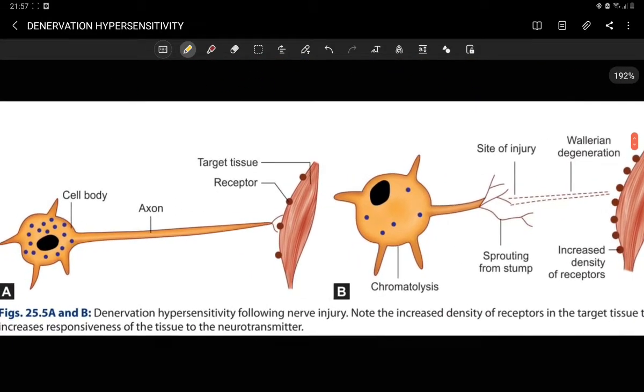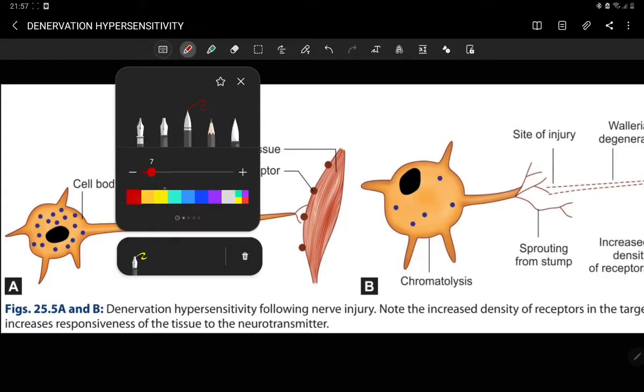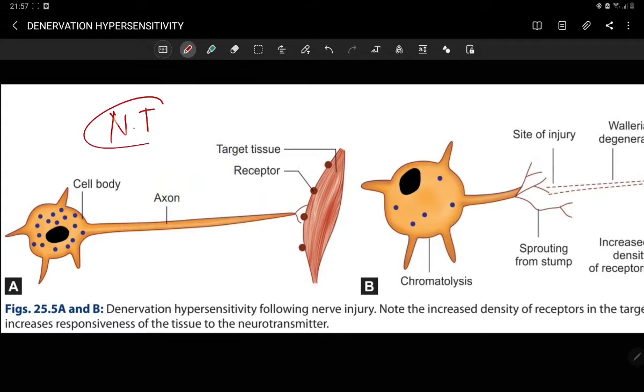Let's appreciate this. In the normal case, when everything is normal, there is no nerve damage, and the neurotransmitter concentration is also normal, so a sufficient amount of neurotransmitter is there.